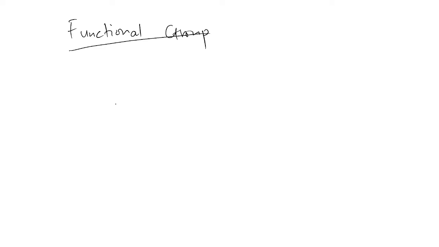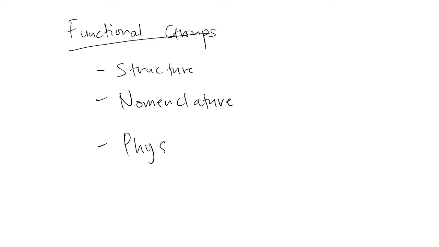For these functional groups, we will be looking into the structure of each molecule. We will be then looking into nomenclature. By nomenclature, as you may have learned last semester, this talks about naming. And this is the system on how we will be naming each organic compound. And next, we will be looking into some physical properties aside from the structure of these organic compounds.